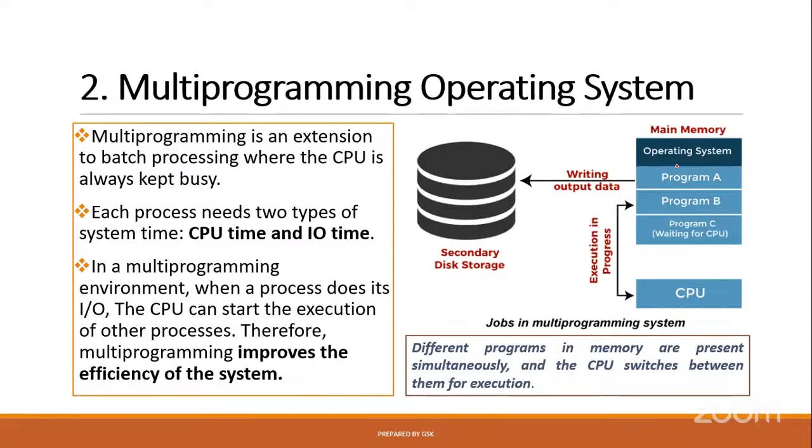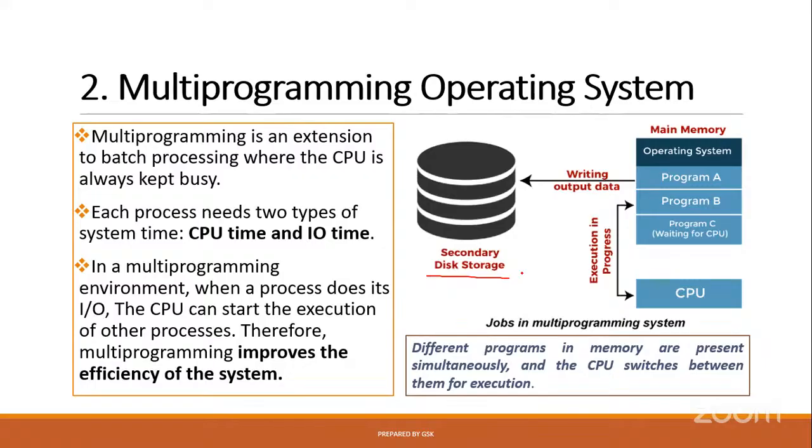See this image. Initially, all the files of any user are stored in the secondary storage devices. Nowadays, we are using hard disks or SSDs, solid state drives, as secondary storage devices. That is a permanent memory.